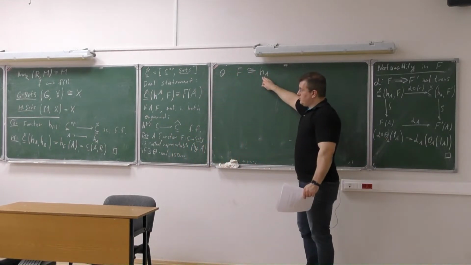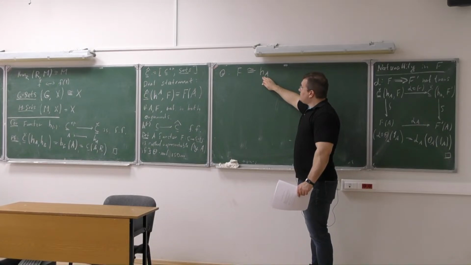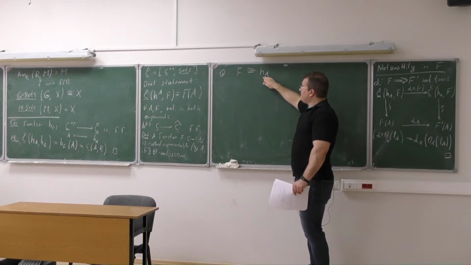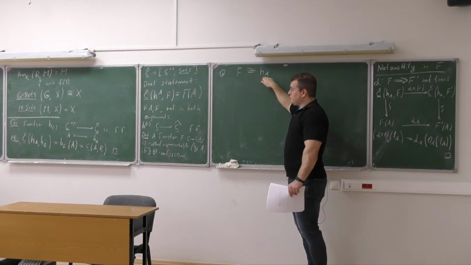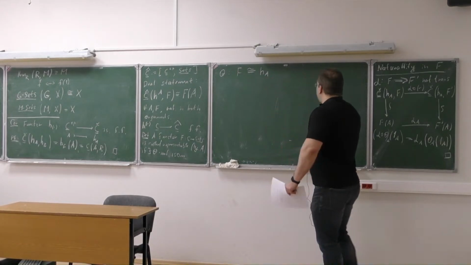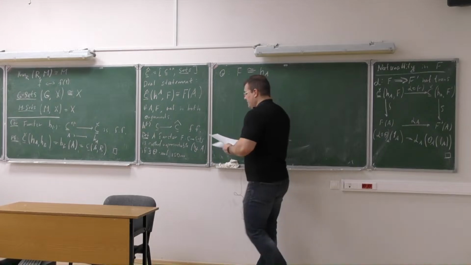So these H with some object are called main representable functors, and any functor isomorphic as a functor to these functors is also called representable. Just a definition.